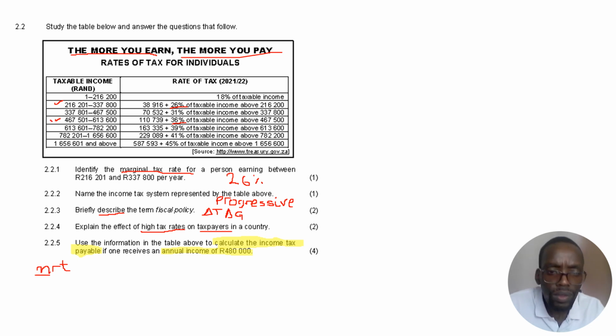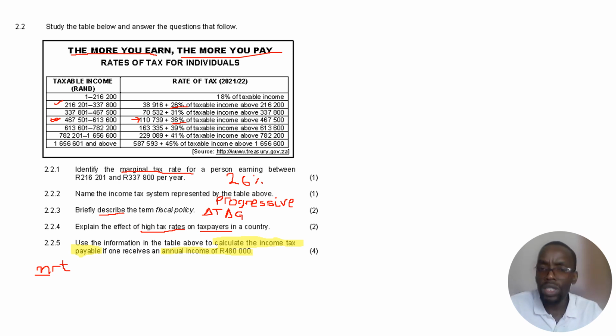Okay, this is the tax bracket, where someone is earning 480,000, which means they fall within 467,500 and 613,600. 480,000 is somewhere in between 467,500 and 613,600. So this is the tax bracket that we are using, and it means the formula that is going to be used is this one here.